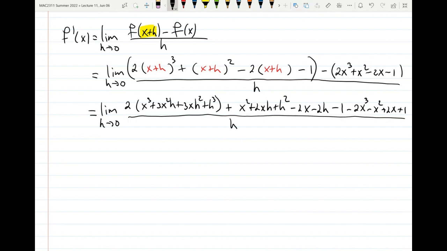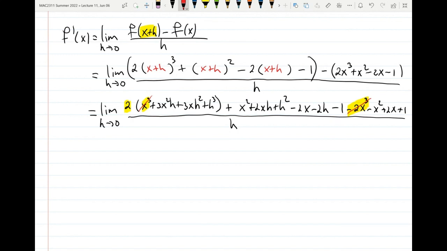Technically, in the next step I should distribute this and then start canceling stuff, but we can do that now. Let's focus here. Here is a negative 2x cubed, and over here there will be a positive 2x cubed. This one goes with that one after I distribute the 2. Is that clear? Okay, good.